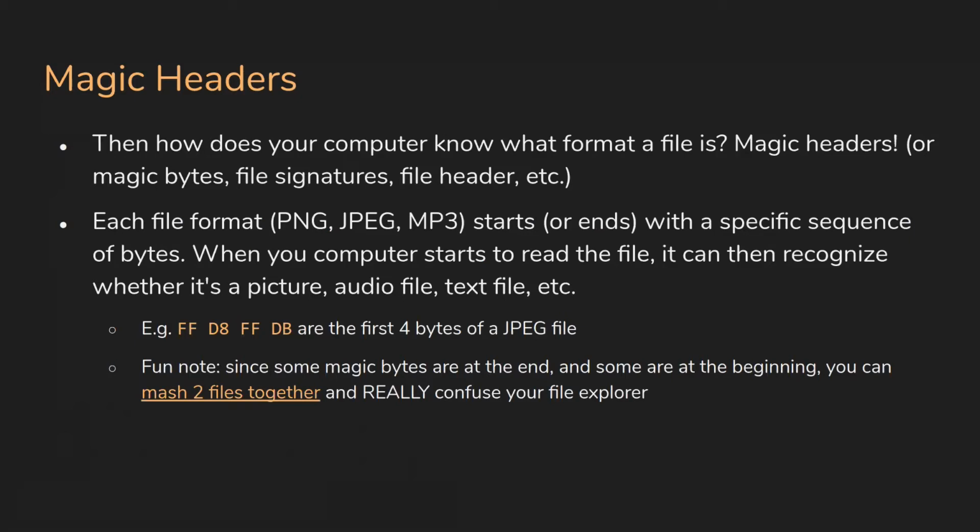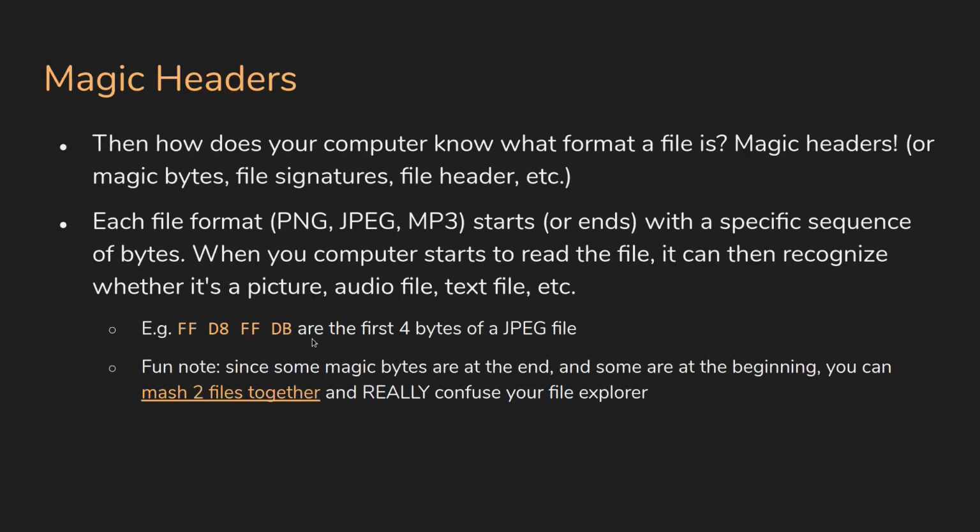For example, JPEGs have 4 bytes which are always at the beginning of the file. If you open a JPEG image in a hex editor, or run hexdump on it, you will see that the first 4 bytes are FFD8, FFDB.